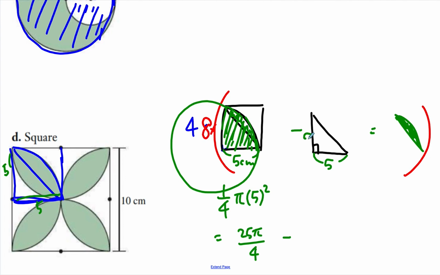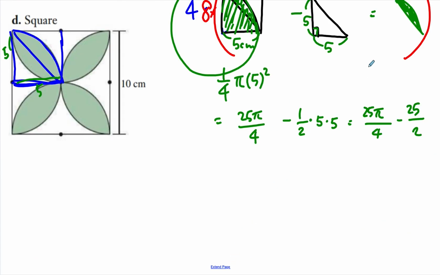So it is isosceles triangle with a 90-degree angle, right? And base is 5, height is 5. So triangle, you can do half of base times height. So total, I have 25 pi over 4 minus 5 times 5 over 2, 25 over 2.